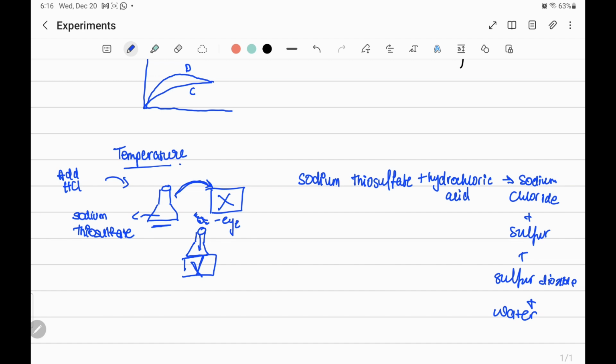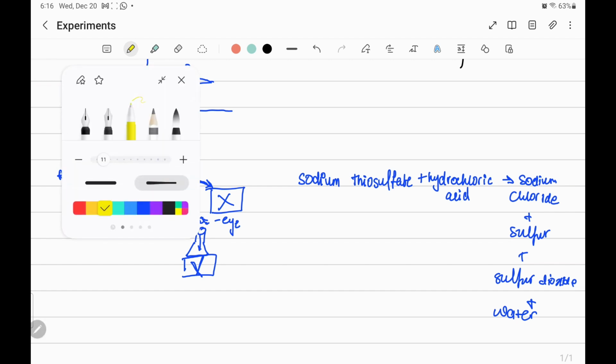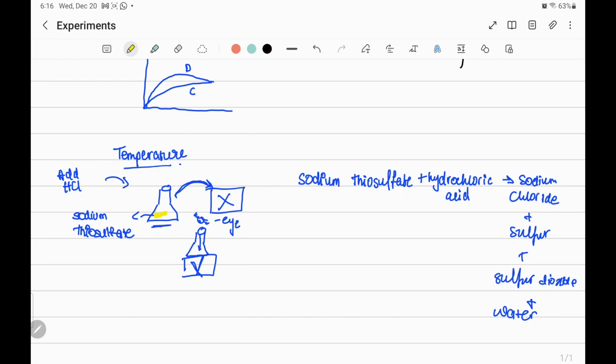And what that causes is the formation of a yellow precipitate. Yellow precipitate starts forming, and it's a yellow precipitate of sulfur. It stays suspended in the liquid. With time, this yellow precipitate becomes cloudier and cloudier, which means that when you are looking down here, you won't be able to view the cross anymore.